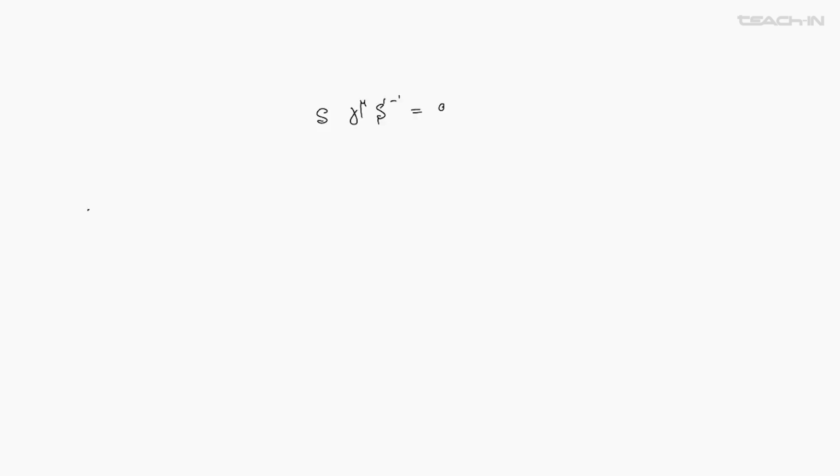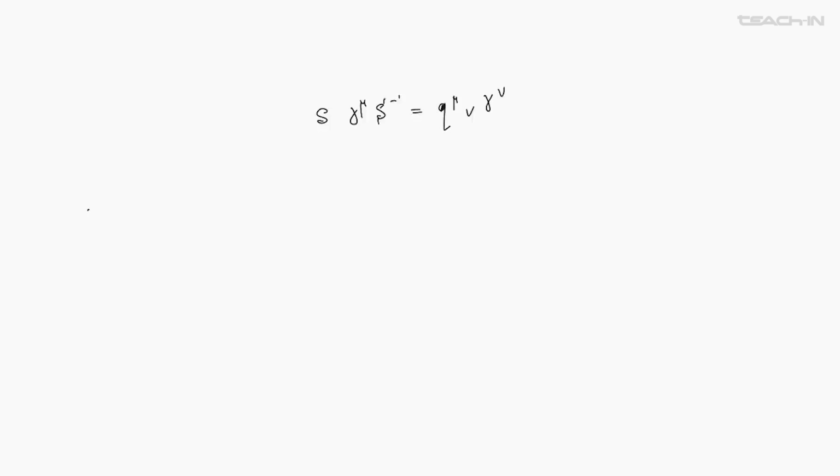And this is the equation which we have to solve and find the matrix S, which performs the transformation of the wave function psi in such a way that the transformed Dirac equation has the same form as the original one.